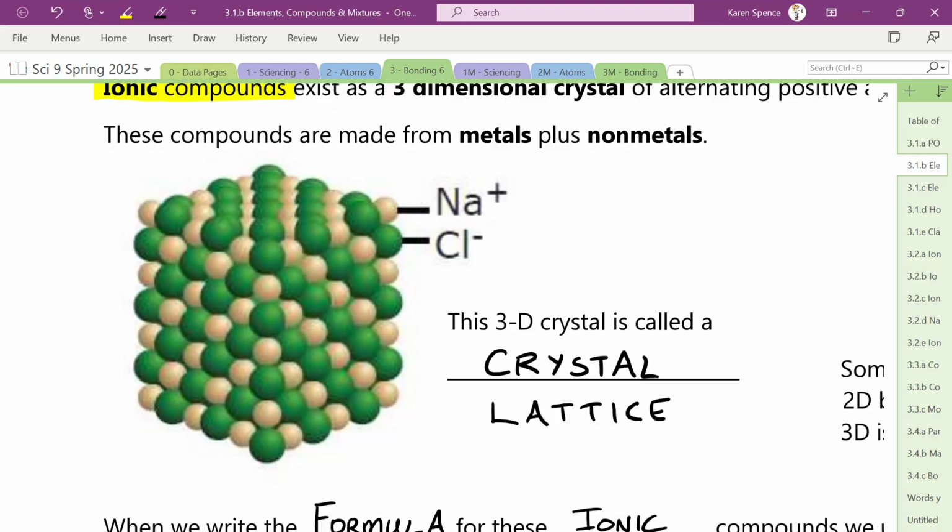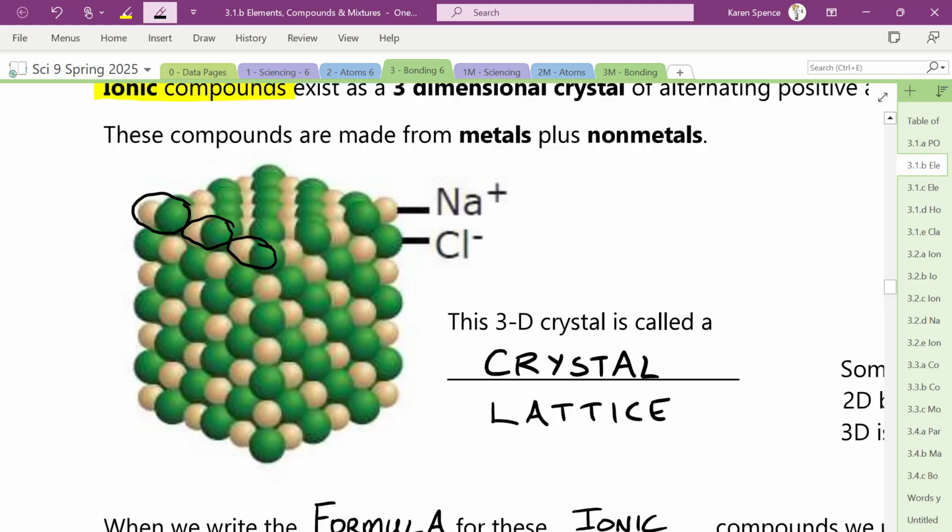It's approximately 6 ions by 6 ions by 6 ions, which is 216. Actually, that's not right, because we would have a little group like that. That's NaCl, NaCl, NaCl. There's 3 along each surface.